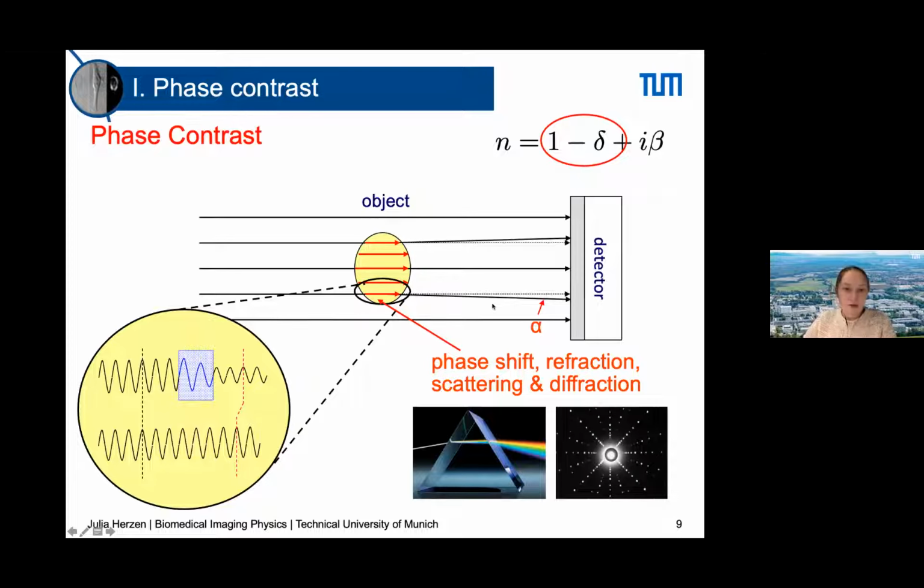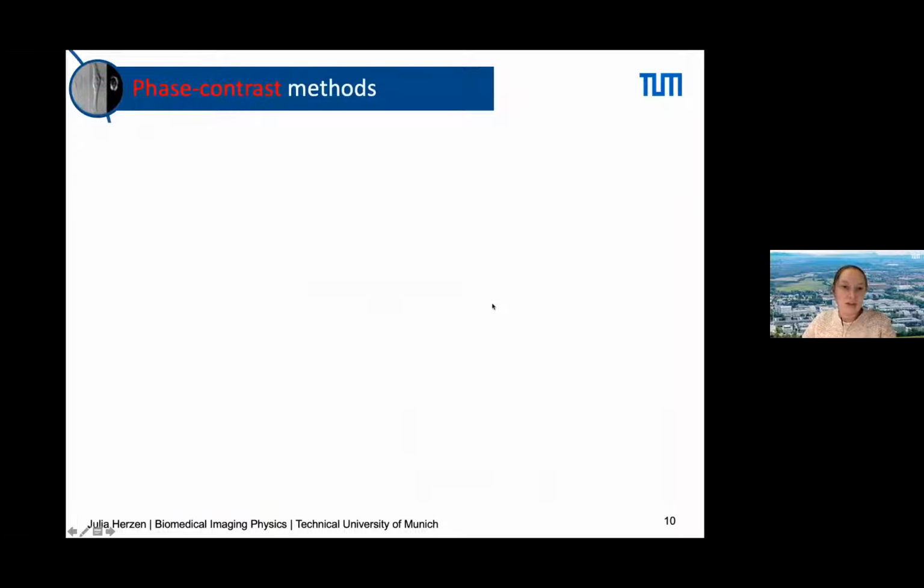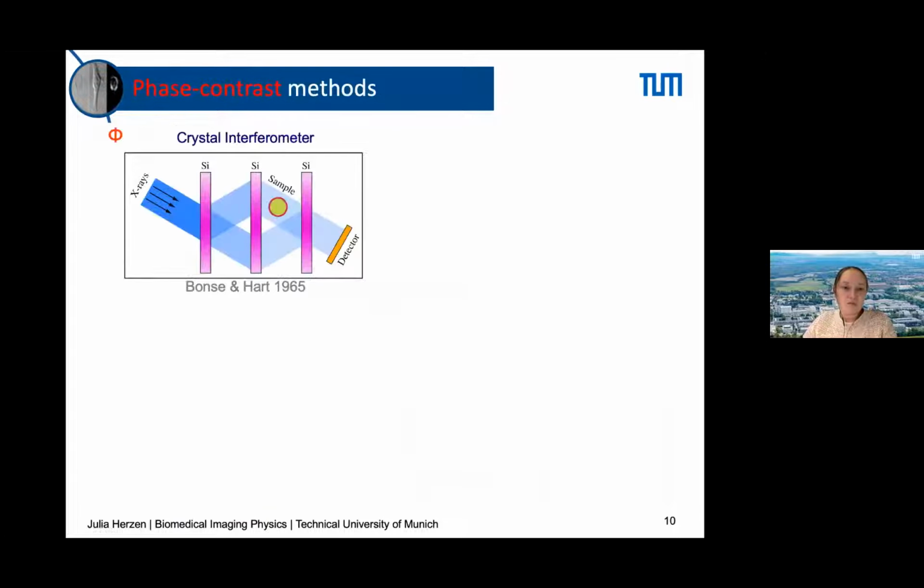And there are plenty of different methods developed in the last decades. The very first method is the so-called crystal interferometer. This was the very first demonstration by Bonse and Hart experimentally that this is working, that you can really detect the phase shift in the X-ray regime.